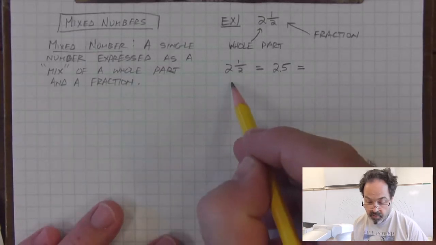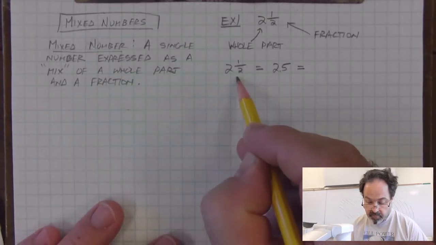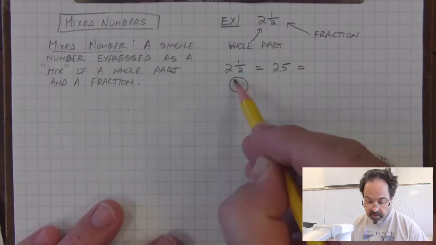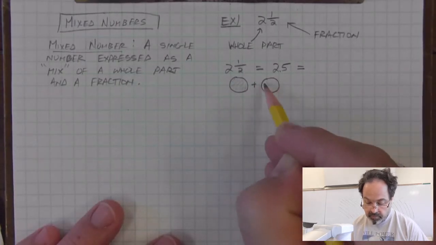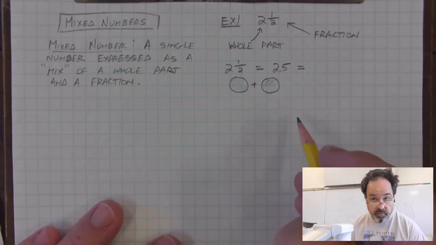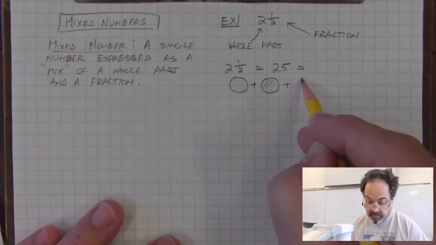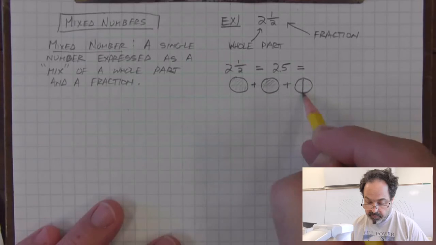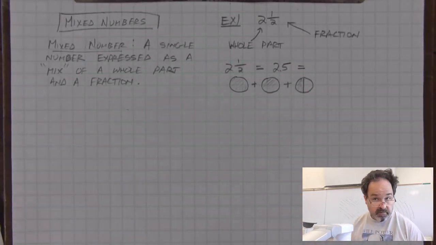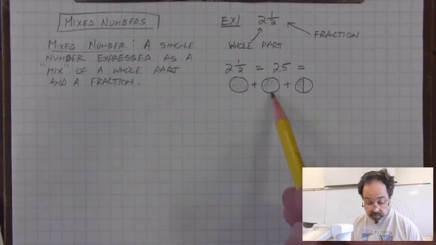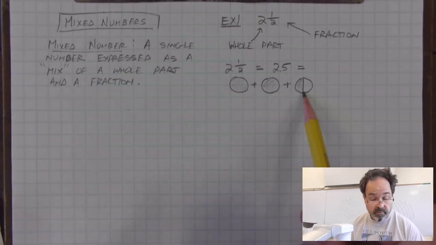Imagine that this 2 1/2, visually we can represent it as two wholes that are being added together. That's the 2, plus another half. 2 1/2 is the sum of 1 whole plus 1 whole plus 1/2.